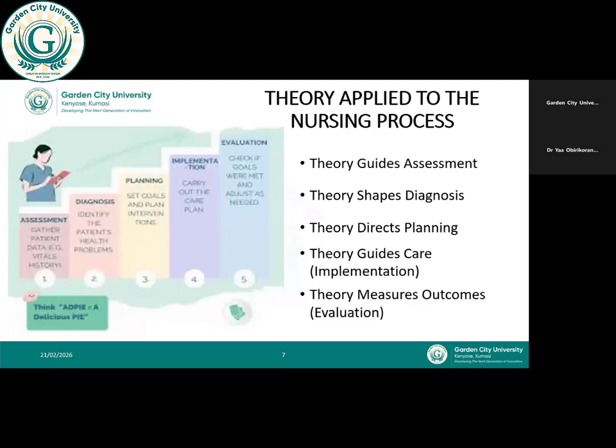And then it will also guide the care that you are actually rendering. So if you are supposed to educate your patients on, say, their medications, or maybe I said the person is hypertensive, so knowledge on how to modify their lifestyle.